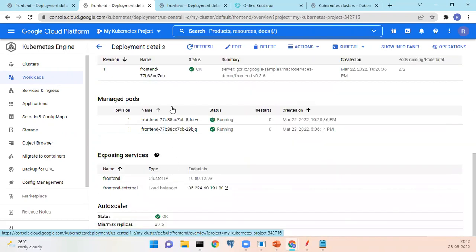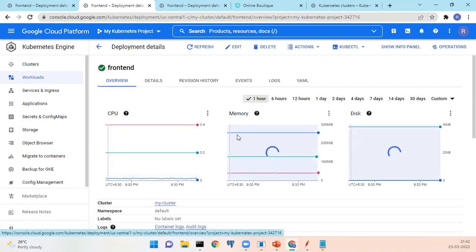Then we will have three pods here. Otherwise, at least we can see how CPU, memory, and network increase over a period of time.